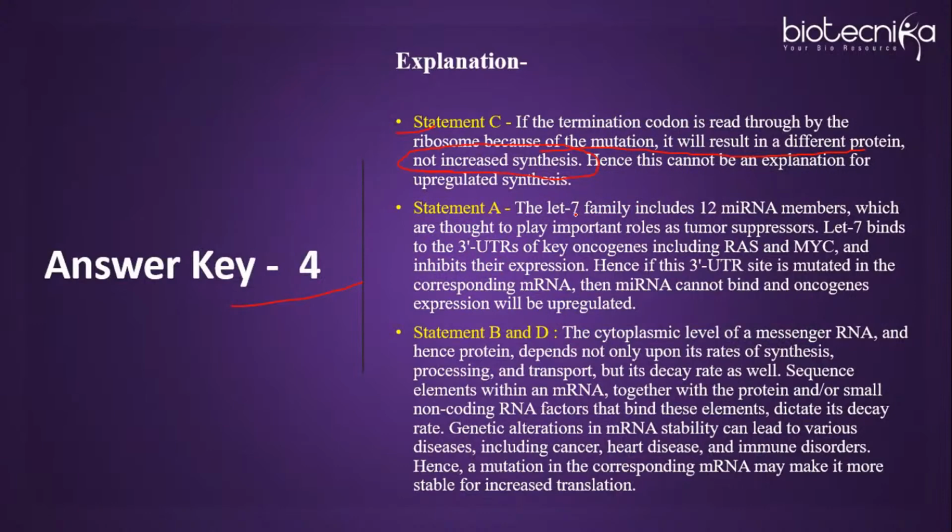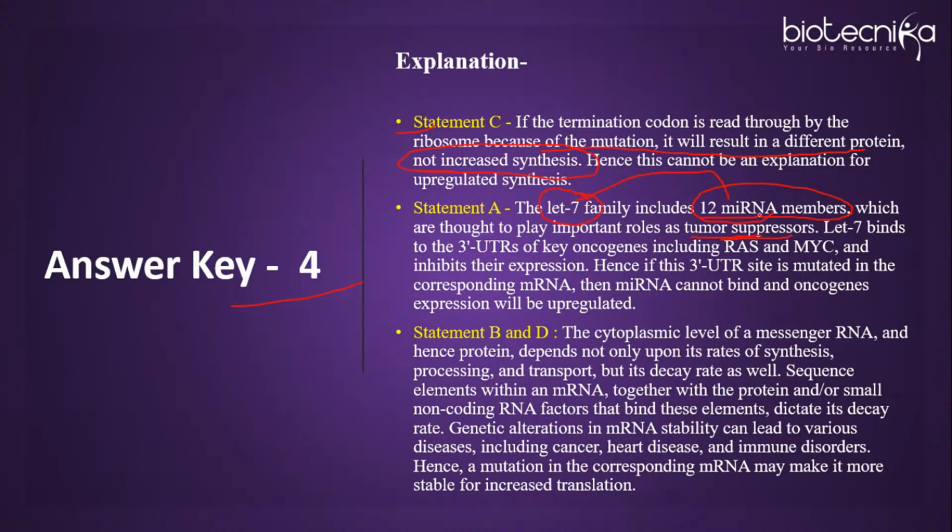You might have heard of a family of RNAs known as let7. It consists of around 12 microRNA members. Now, what is the purpose of these 12 microRNAs? They are responsible for acting as tumor suppressor genes.